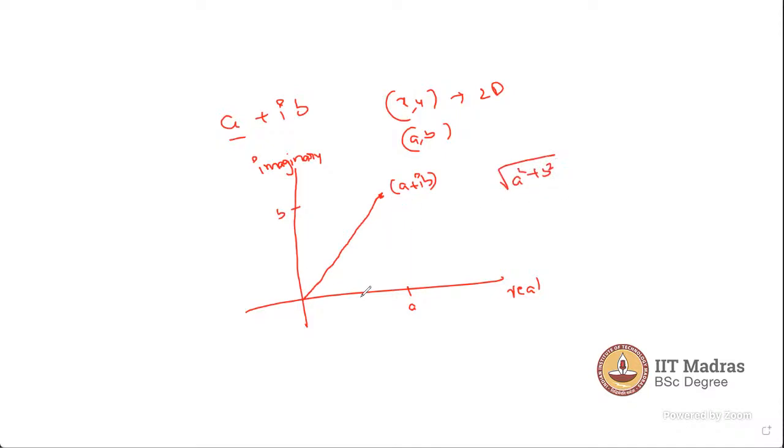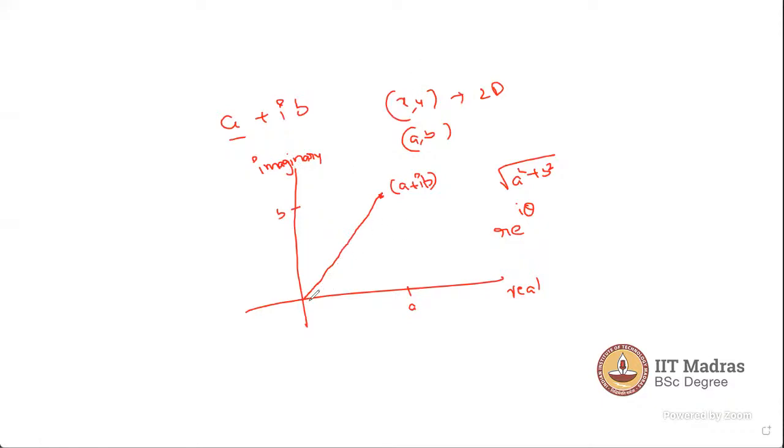The other thing which others were talking about, that r e power i theta. This theta, we are representing in terms of a comma b. There is this other representation, the cylindrical representation, the angular way of representing.